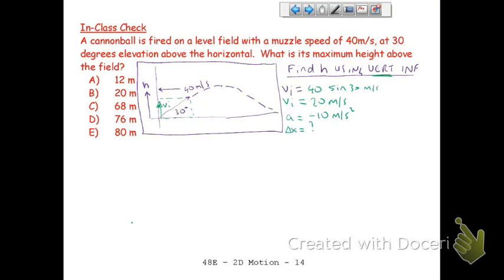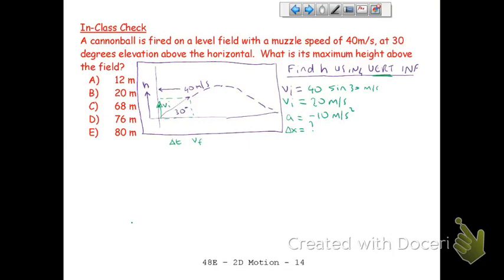There's two things left. There's delta t, and there's VF. I need one of those two to be able to answer this question.